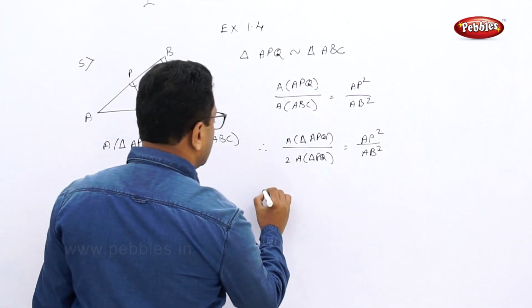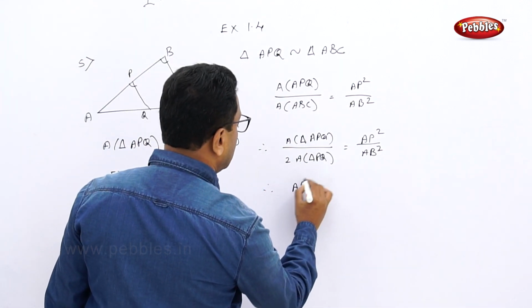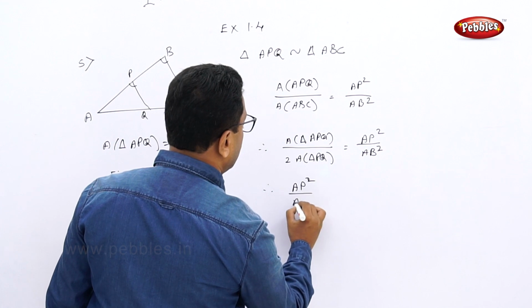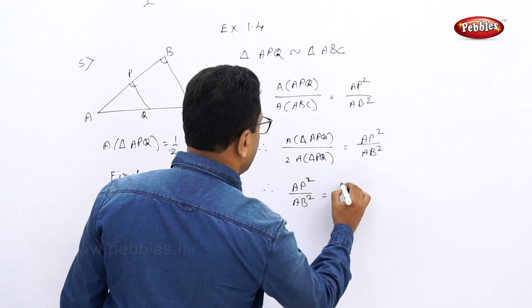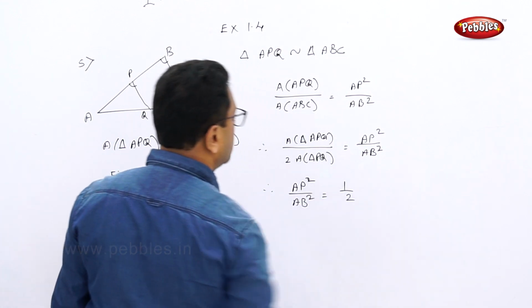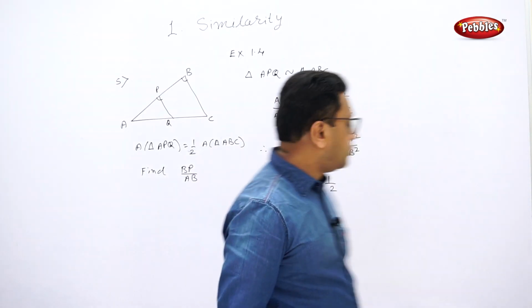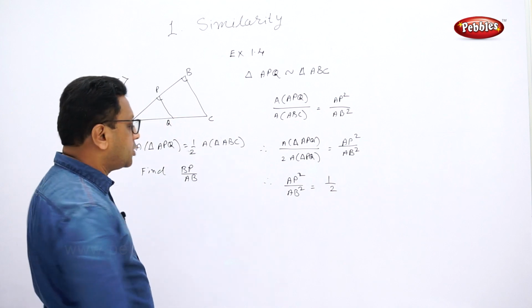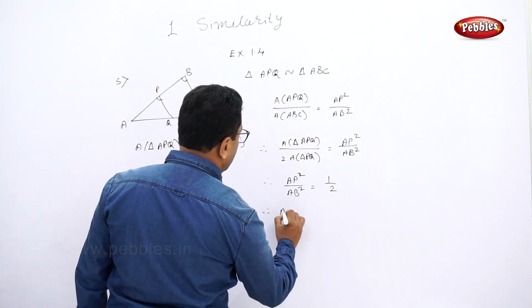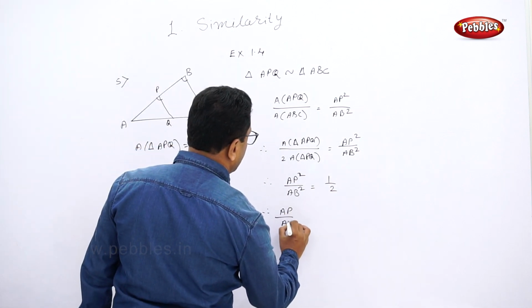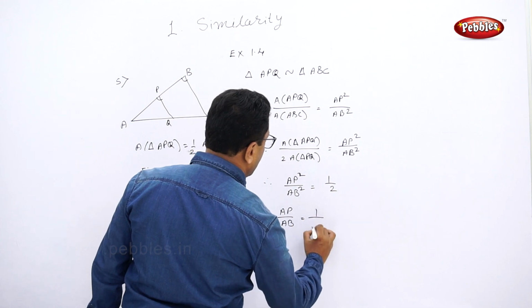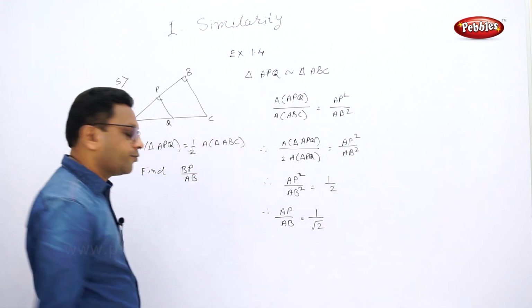Correct? So we have AP square upon AB square is equal to 1 upon 2. But we don't want squares here. So what I'll do? We'll take the square root of both sides, and so we have AP upon AB is equal to 1 upon root 2.